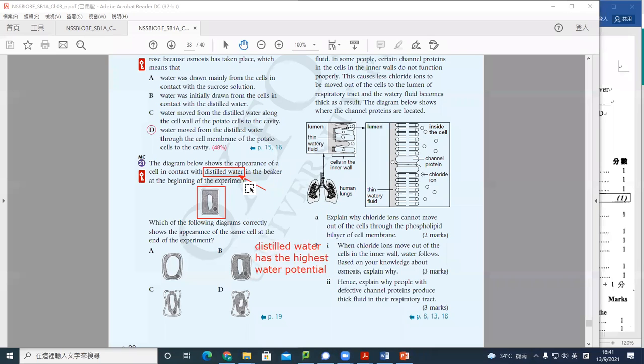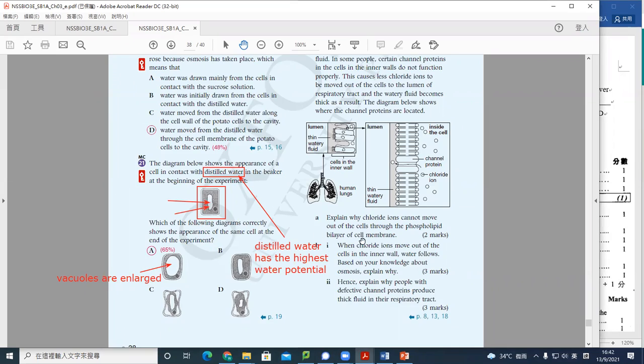Right? And you are quite sure that water will move in by osmosis. So that the cell should become turgid, especially vacuoles. Vacuoles are enlarged in this case. So easy question.